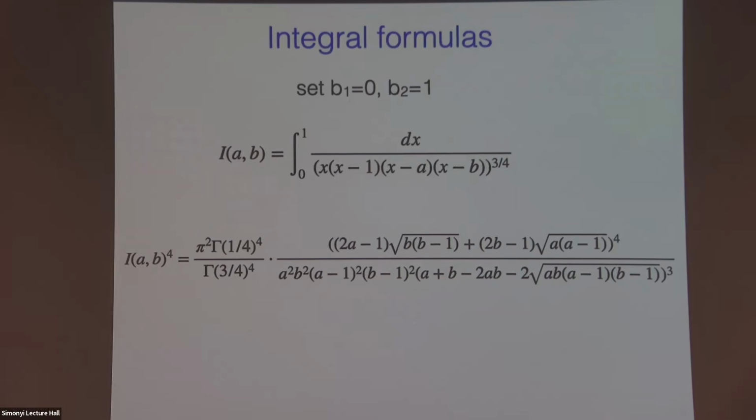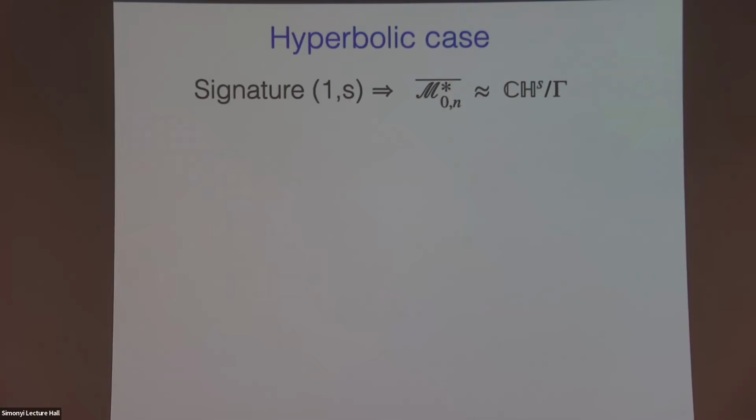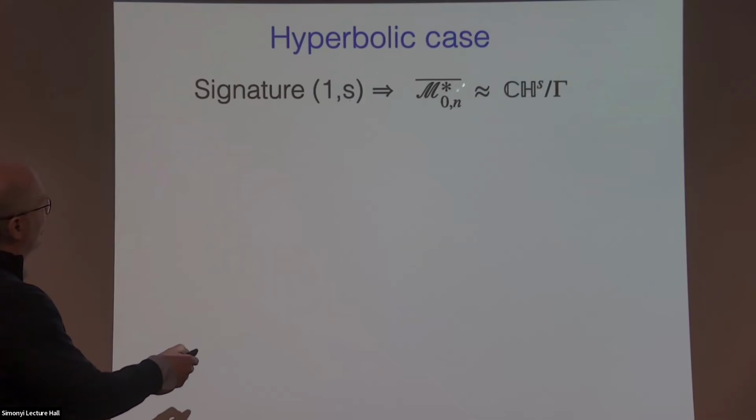However, the most interesting thing is what happens in the hyperbolic case, that is, in signature (1, s), and the discoveries here, which are quite deep, are due first to Deligne and Mostow. And I'm going to, again, just give you a concrete example. You're going to get charts for moduli space into complex hyperbolic space.